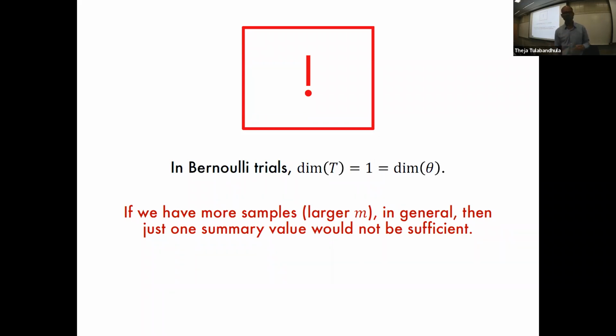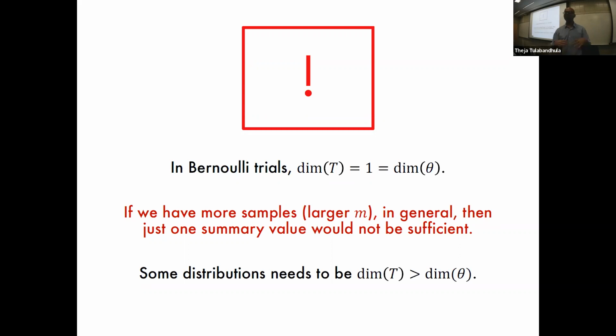The point I want to make is that for some underlying distributions, you may need many summary statistics to be able to estimate the parameter theta. When you have more and more data, you can estimate many statistics, and maybe all of them are useful.